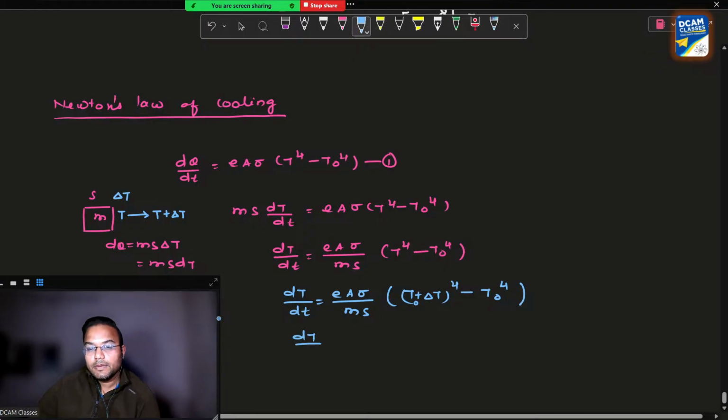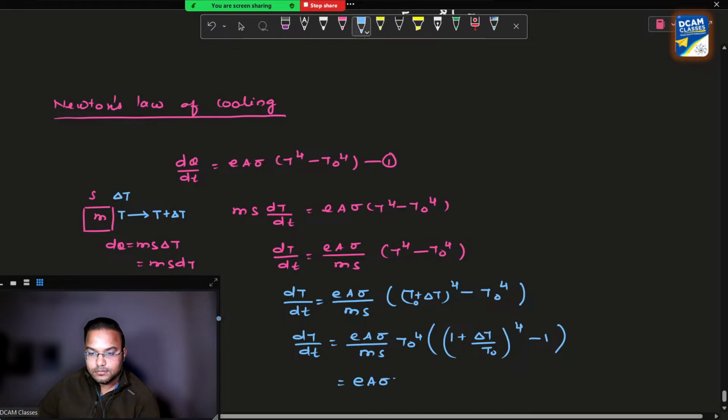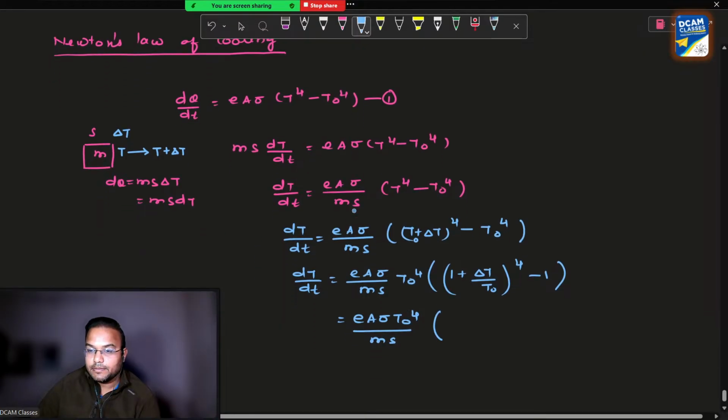So it will become d temperature by dt is equal to EA sigma by ms. If I take T naught power 4 common, it will become 1 plus delta T by T naught whole power 4 minus 1. Right? Yes, sir. This I will approximate actually.